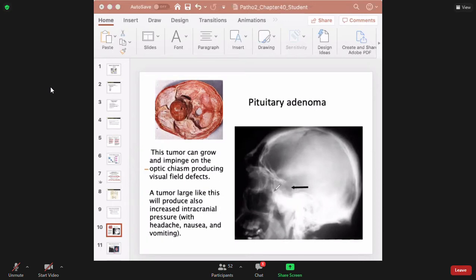It's also going to increase the overall intracranial pressure, which can cause headache, nausea, and vomiting, right? So along with the other symptoms associated with the endocrine disorder, you'll start to see symptoms associated with the actual tumor itself. Does that make sense, guys?